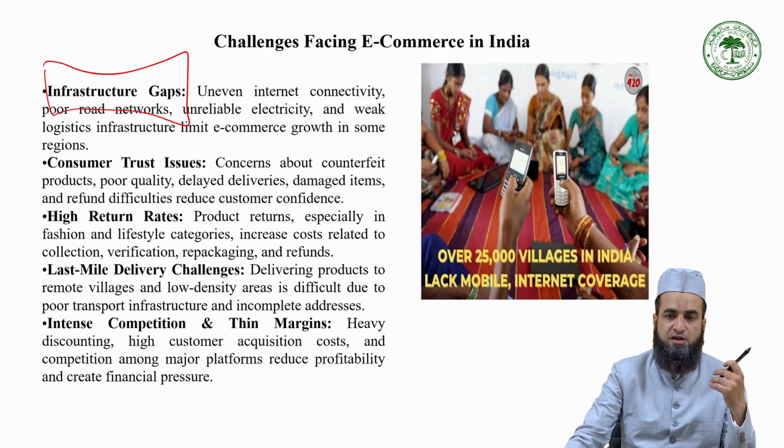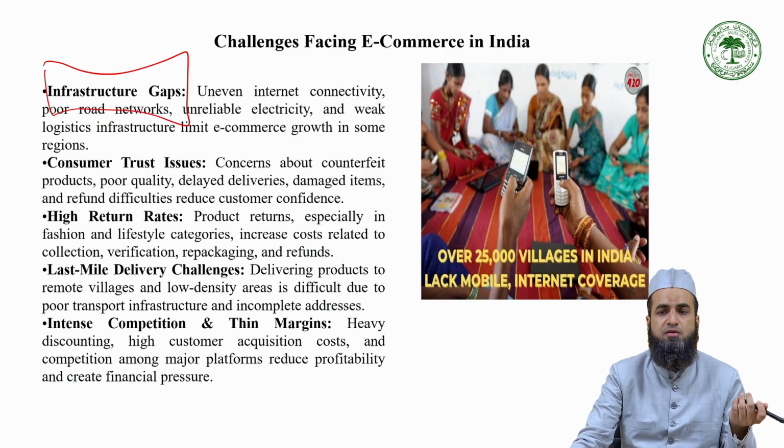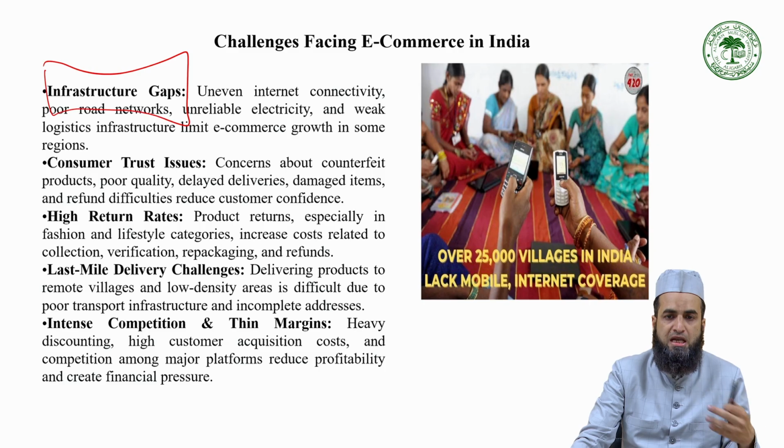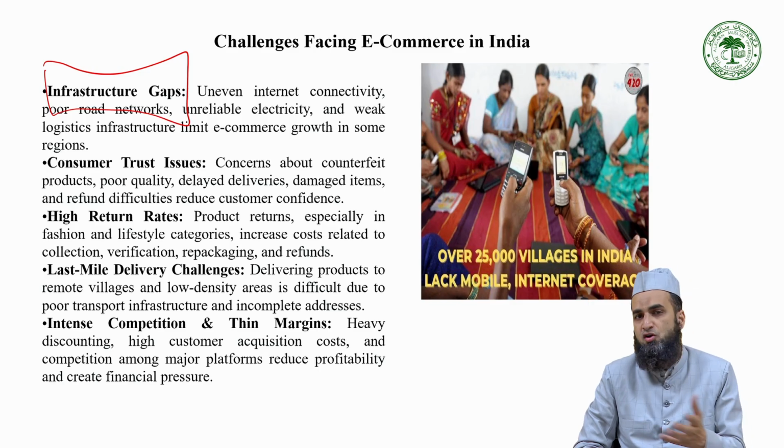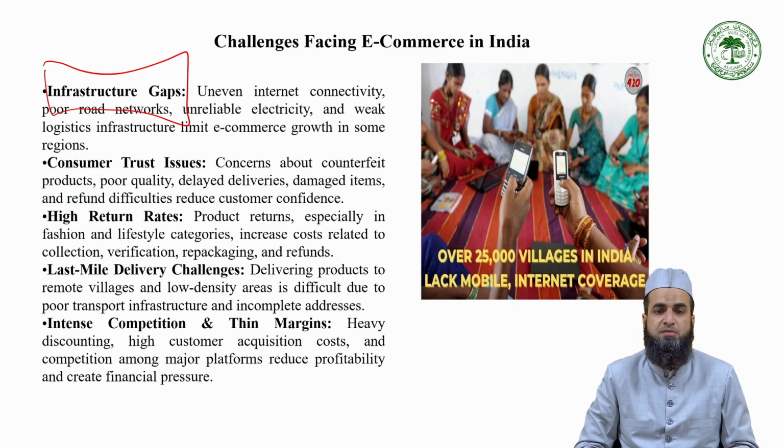In areas where network speed is poor or unreliable, digital shopping becomes slower and less convenient. Physical infrastructure is also uneven. Road quality, address systems, warehouse access, and last-mile delivery conditions vary substantially across regions. These limitations increase delivery costs and slow the expansion of e-commerce into less developed markets.